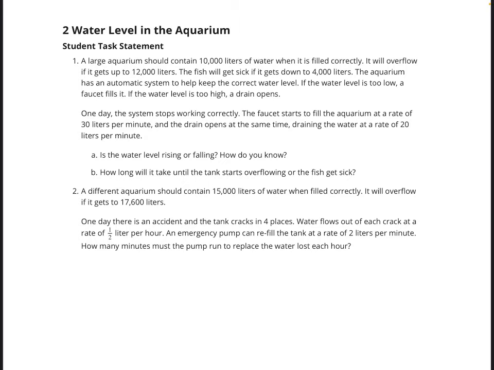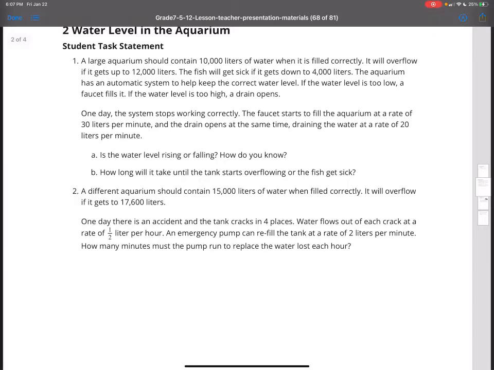How do you know? Alright, guys, before we get started, we need to do some quick annotations. The first sentence tells me that the aquarium should contain 10,000 liters of water when it's filled correctly. It says that when it overflows, it will get up to 12,000 liters, and that the fish will get sick if it's at 4,000 liters.